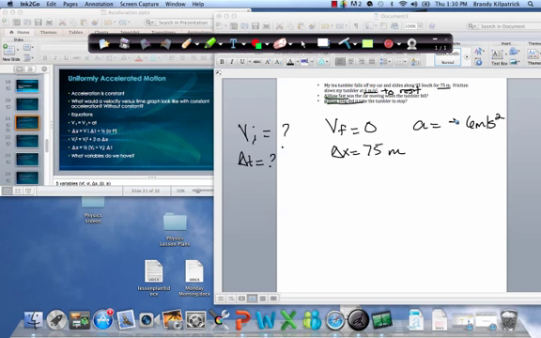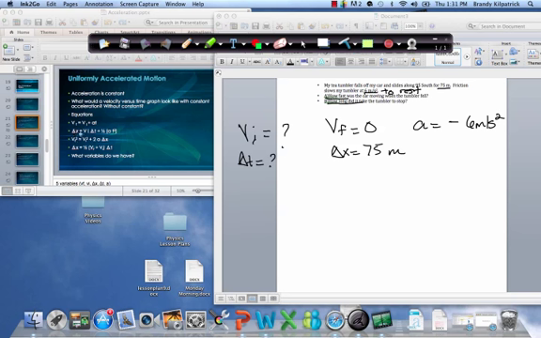So now we're going to pick a good equation to solve for this. Let's look for an equation where there's only one unknown variable. I have VF, I have delta x, and I also have acceleration. For the first equation, I have VF and the acceleration, but I don't have the time, so I cannot use the first one.